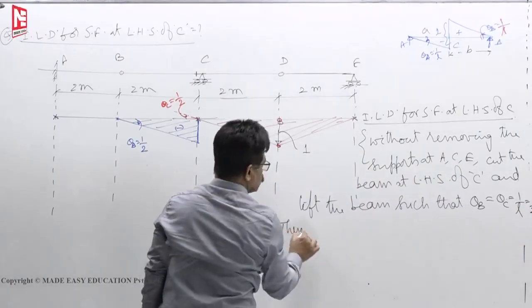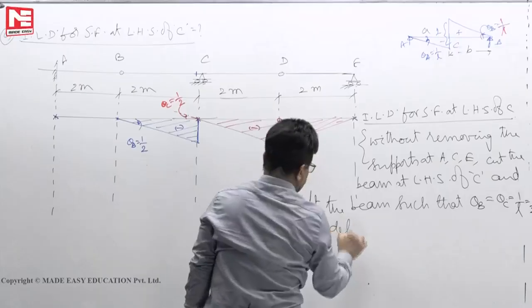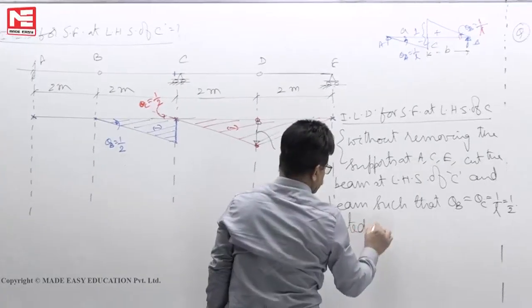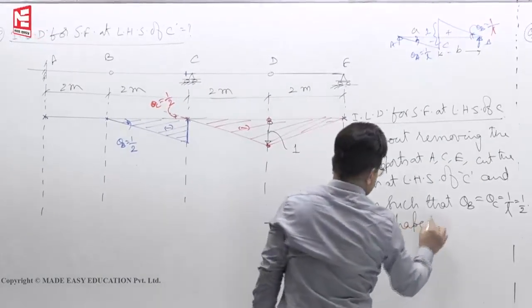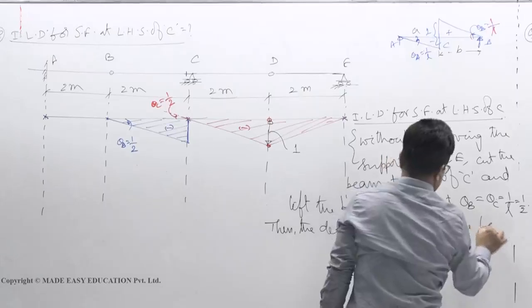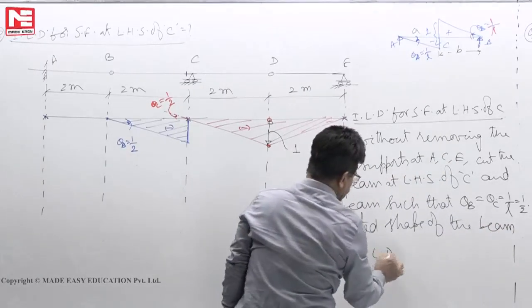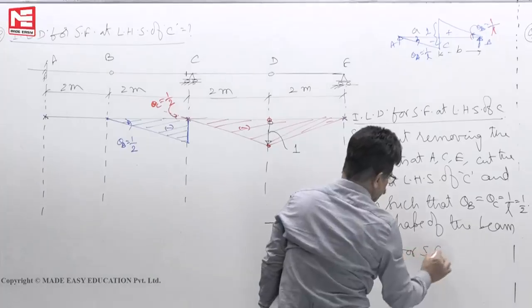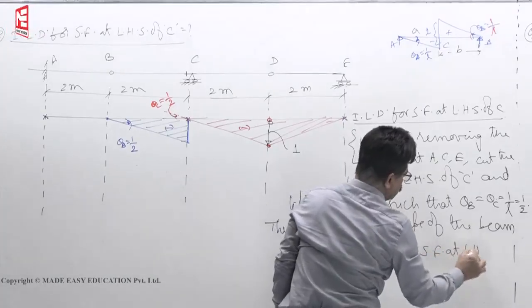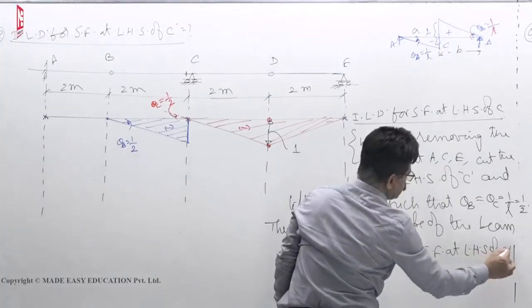Then the deflected shape of the beam itself is the ILD for shear force at LHS of C.